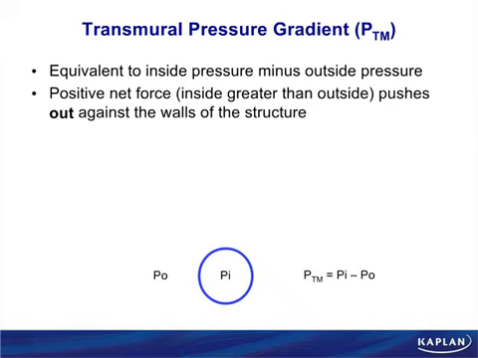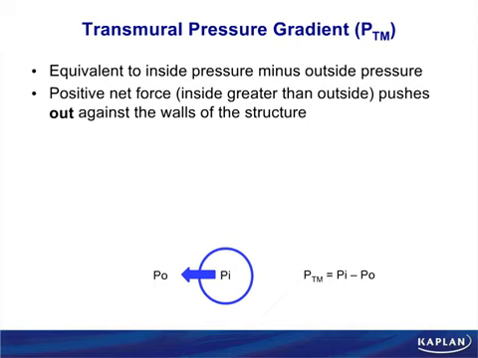Now, if we don't have a lot of structural integrity like an alveolus, if it's a force pushing out, then the alveolus is going to be opened and expanding. The greater the force, the greater the alveolus expands, or the blood vessel. Hopefully that makes sense. So, if we have a positive transmural pressure gradient, it is effectively a force pushing out, just like as was indicated in the arrow.